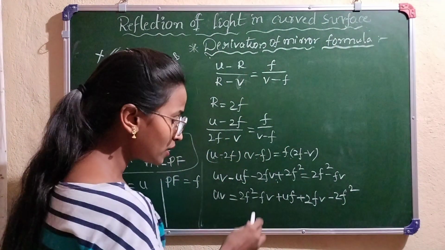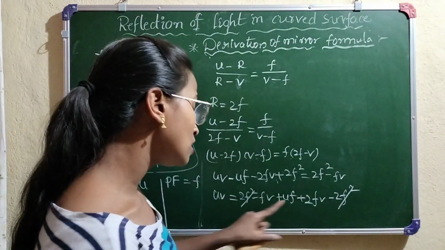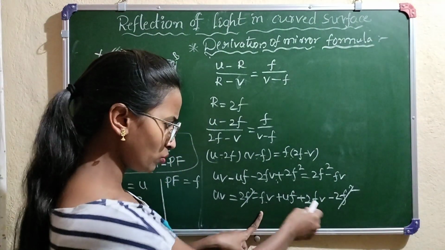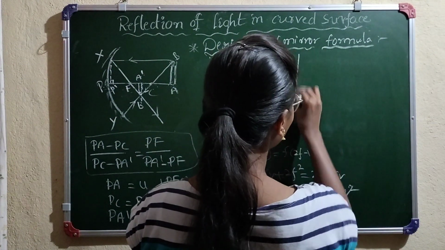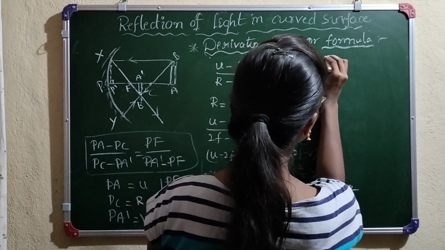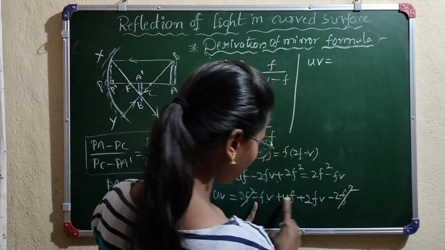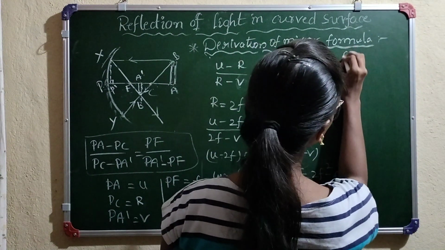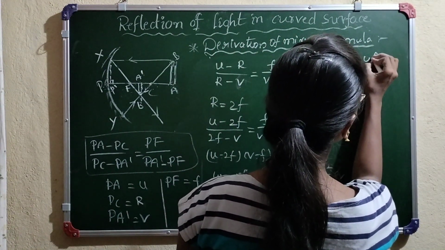Now plus 2F square and minus 2F square both cancel. Then we have plus 2FV minus FV, so that becomes FV. So the remaining value is UV is equal to FV plus UF. Am I clear?